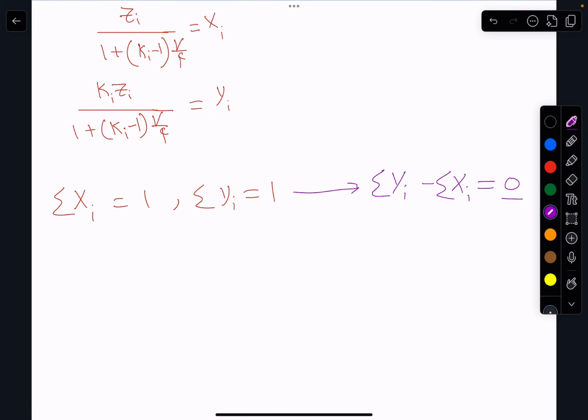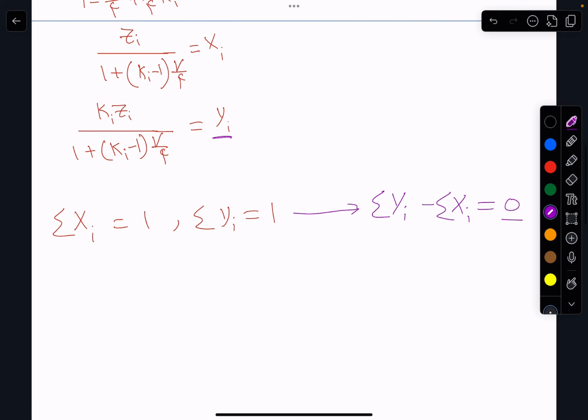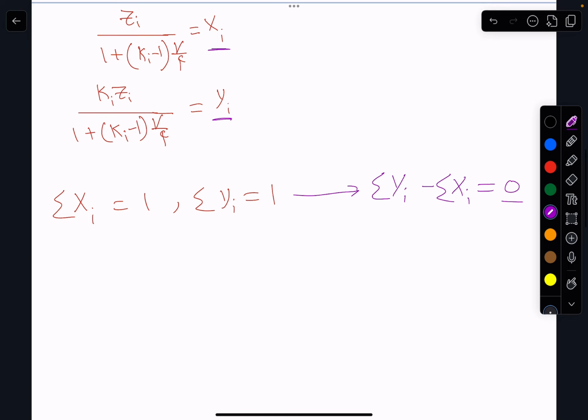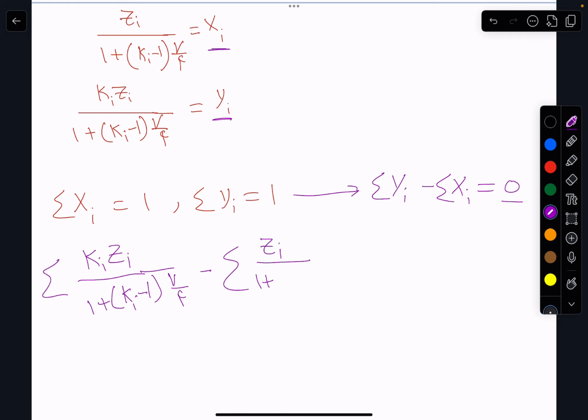So we use these two amounts: Ki Zi over 1 plus Ki minus 1 V over F, minus, and now with the X, Zi over 1 plus Ki minus 1 V over F, equal to 0.